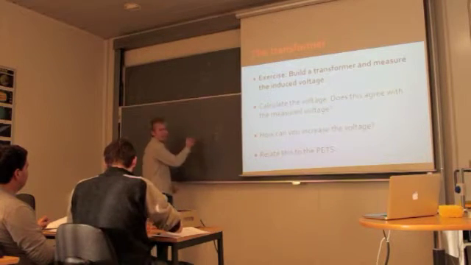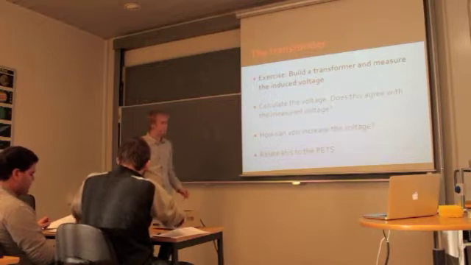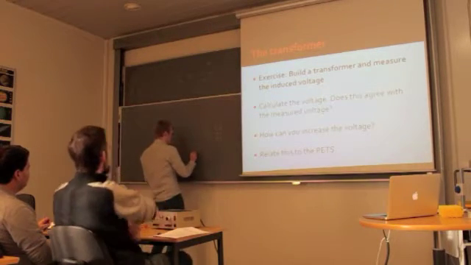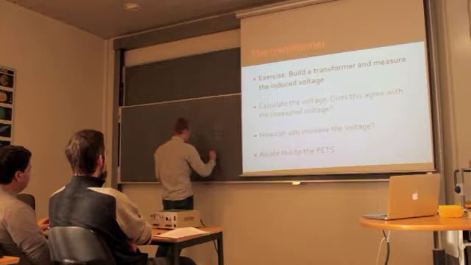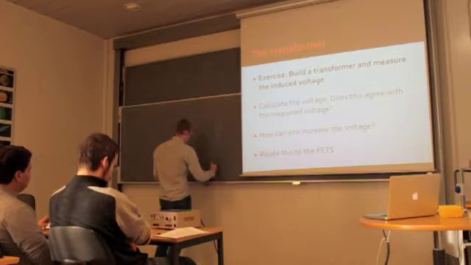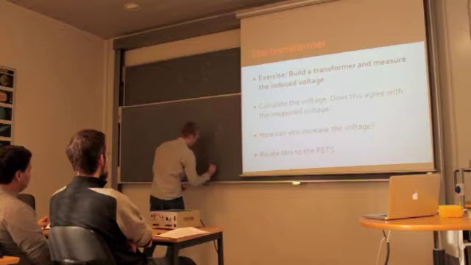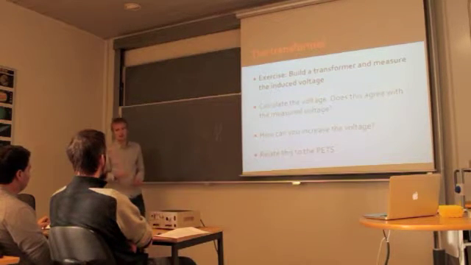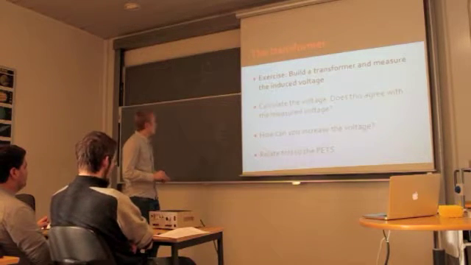And if you apply this equation to both sides, you can reach this equation. And you see exactly that you should be able to measure 4 times the voltage at the other side.